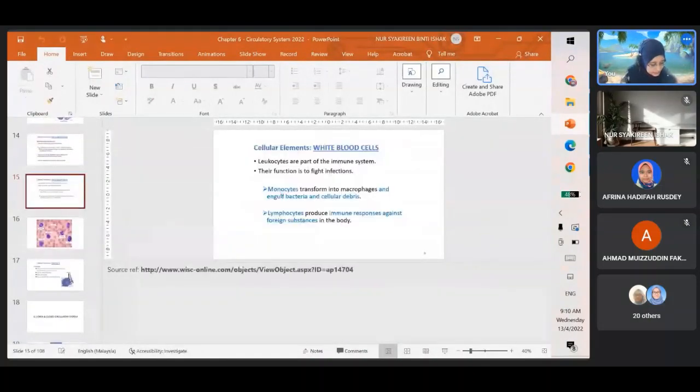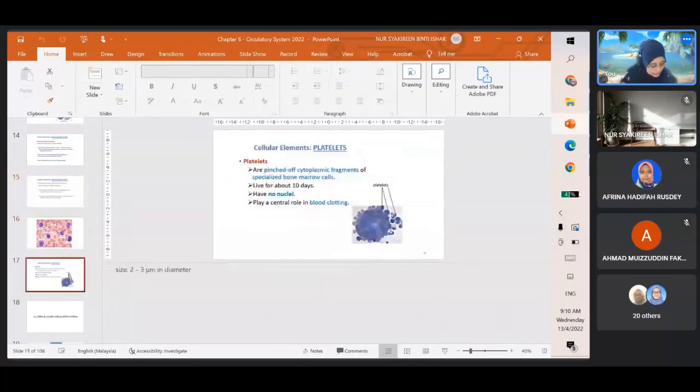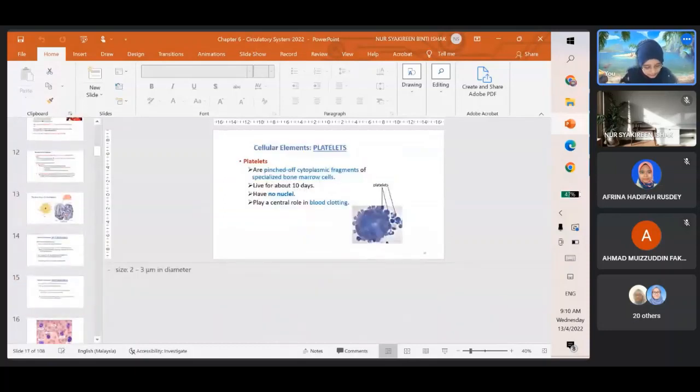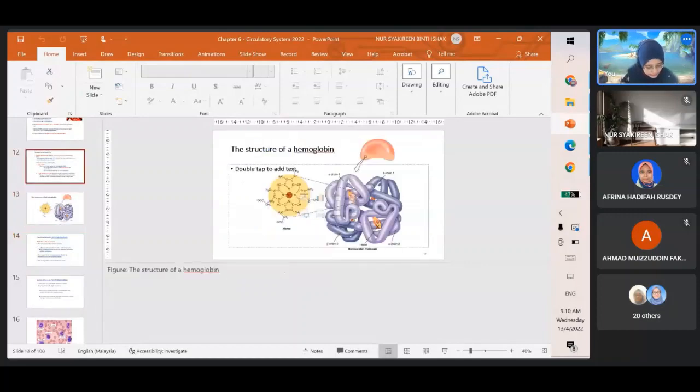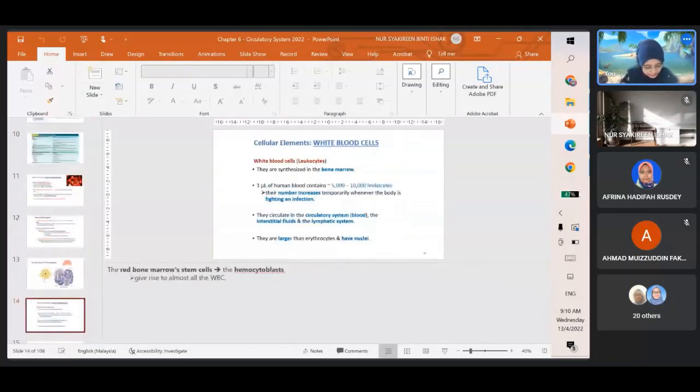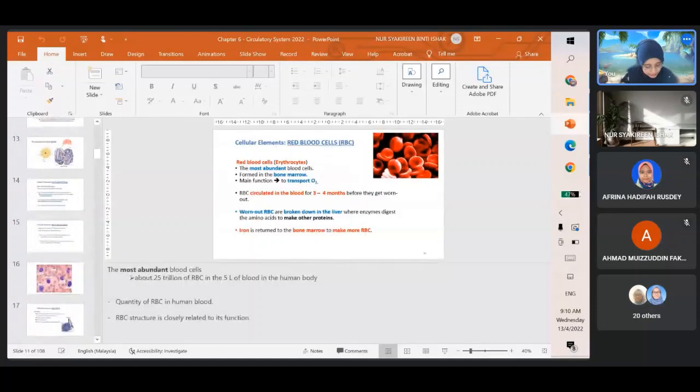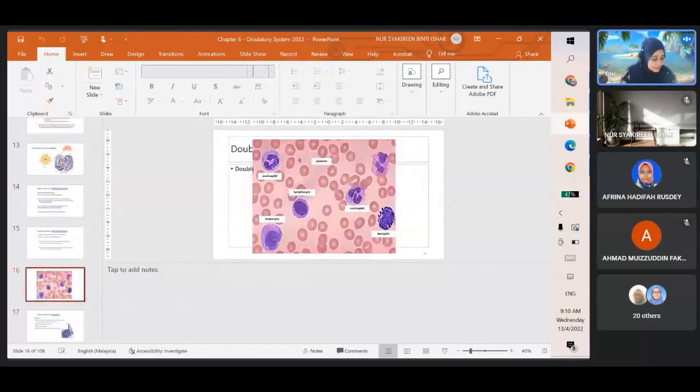Okay, white blood cells ni. If it's in the notes, tak ada ke? Tak apalah, okay. So these are the different types of white blood cells. You can differentiate the white blood cell based on the shape of the nucleus and also the presence of granules inside the cell.